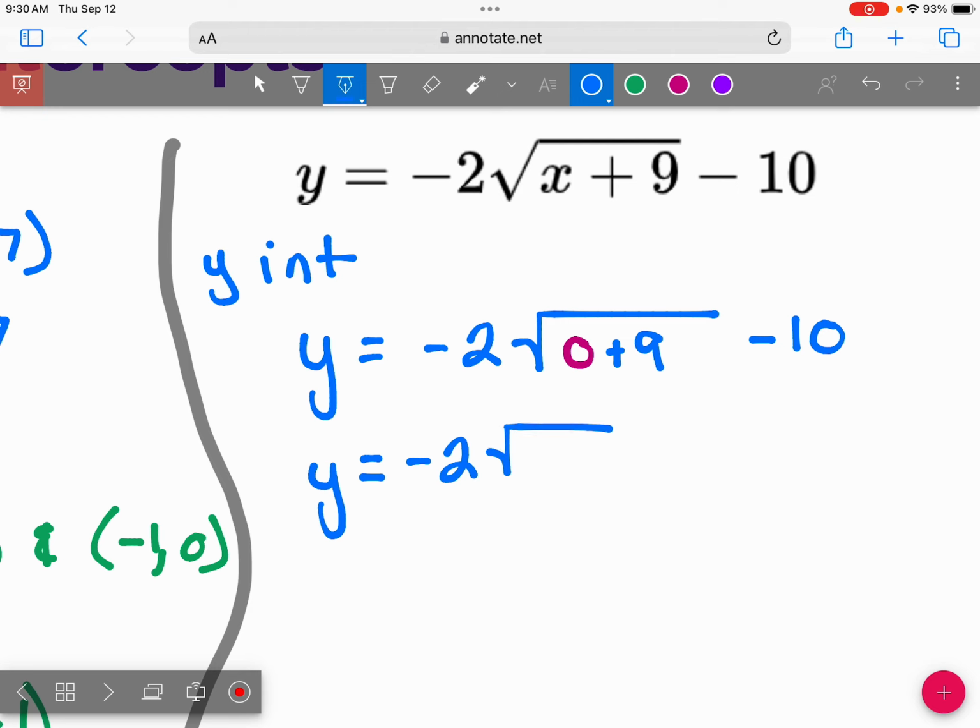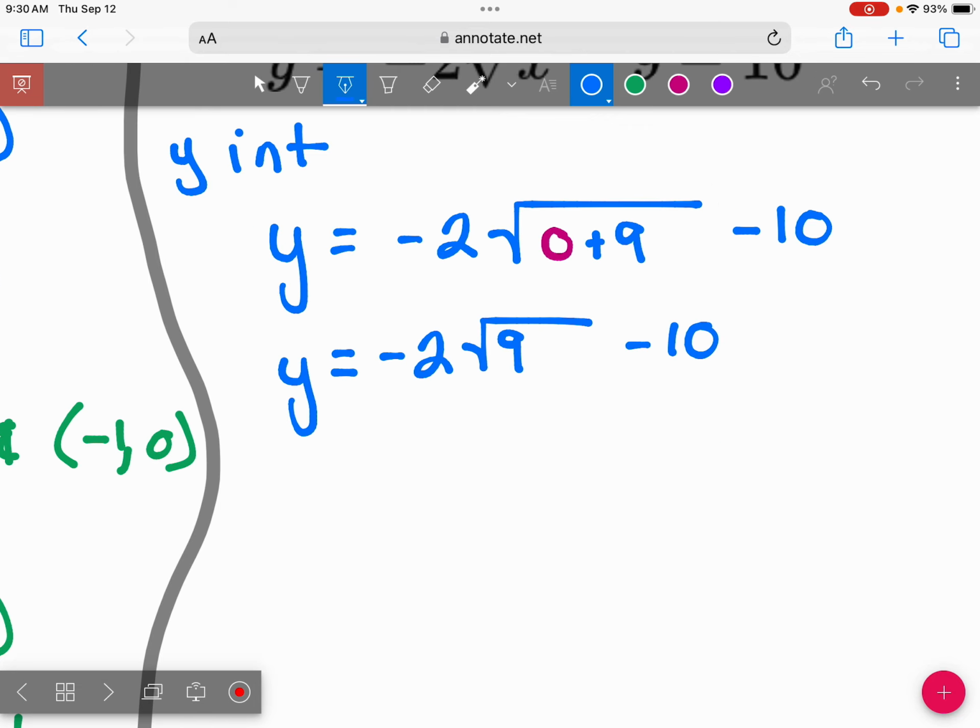Simplify it. Our 0 plus 9 gives us just 9. What is the square root of 9? 3.